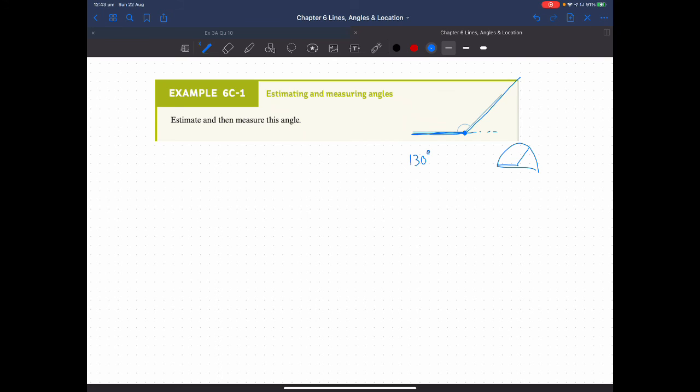And then I would read what this number here is. It turns out it is 135 degrees. The first number I gave was an estimate. The second number I gave was an exact answer. My estimate did not have to be the same as my exact, but it would be very similar.